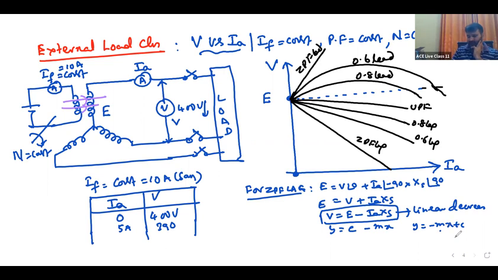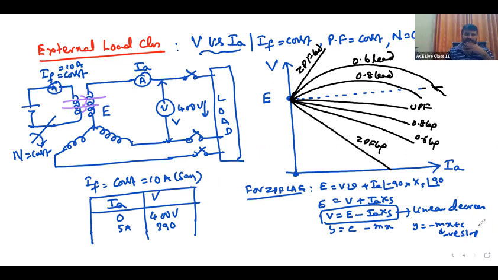Slope is negative. The slope is negative. Negative slope. Decreasing. Y is equal to straight line, no? I think you know a straight line is not passing through origin. It decreases. Similarly, if you take leading power factor, it will be rising.